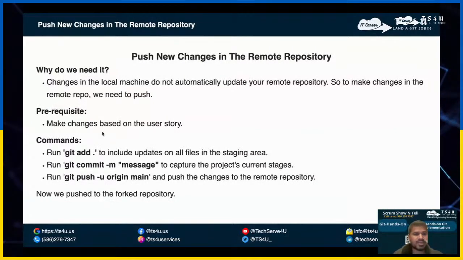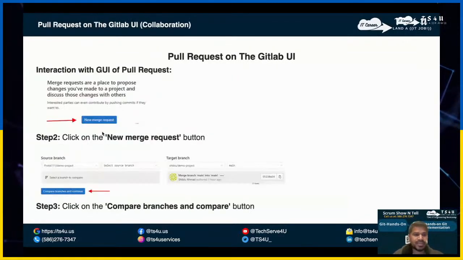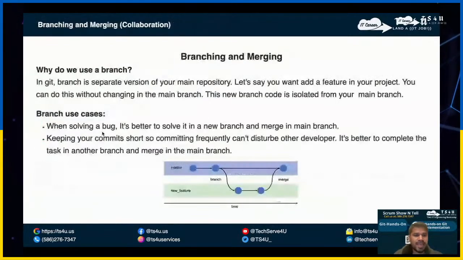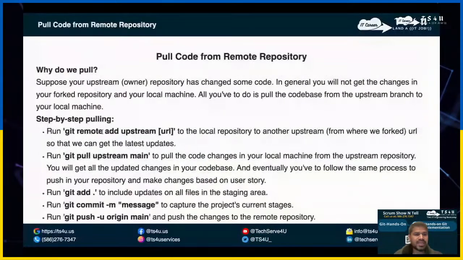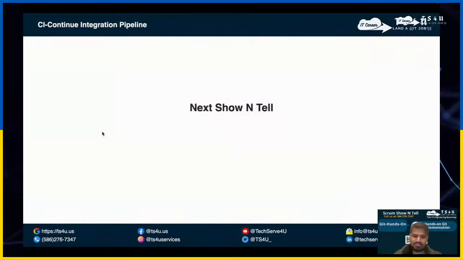We are going to run those commands, and then we are going to do the pull request from the UI, and show why we need this so you can see it. Interacting with the GUI of the pull request, we are going to do that as well. And why we use the branch, we are talking about that. And then branching, and why do we pull? We're going to talk about this, and we will run all the Git commands.